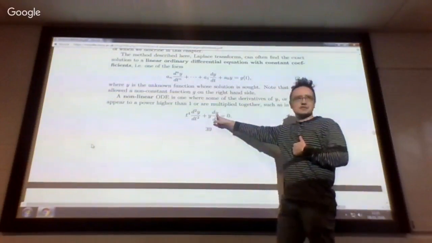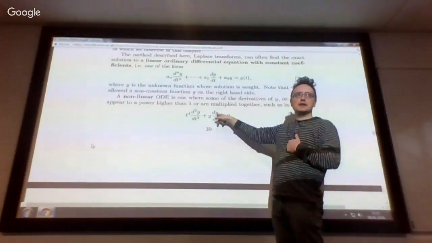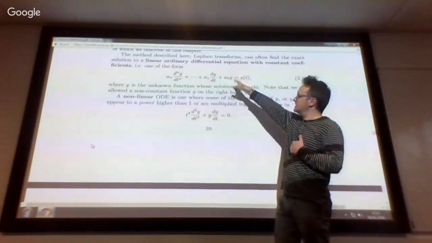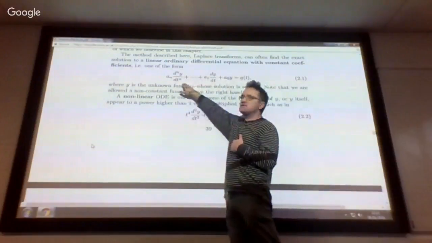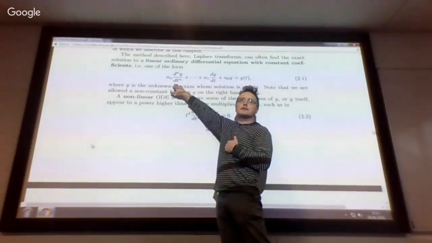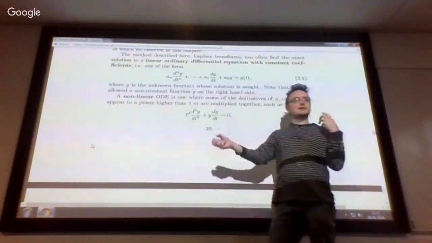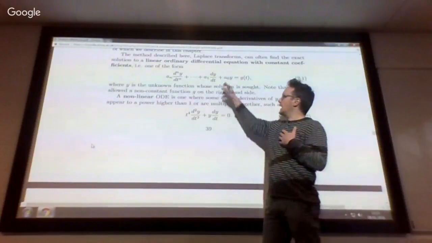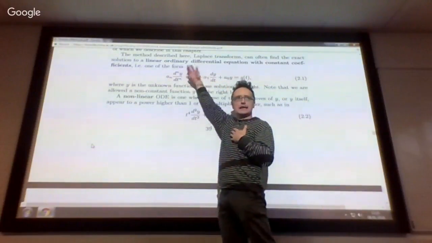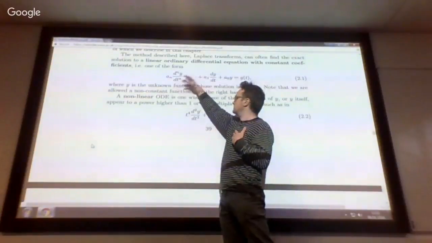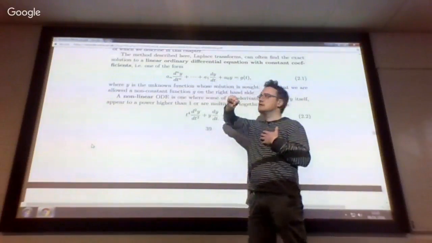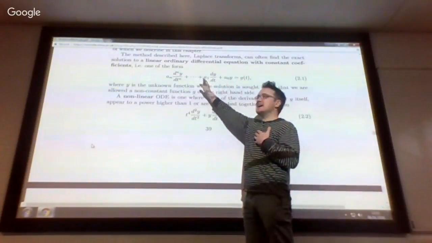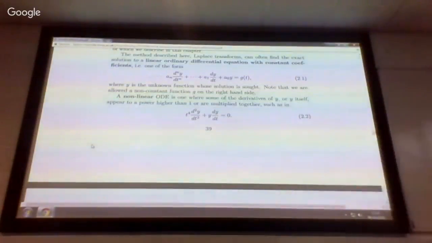This kind of behavior is what we call nonlinear. But if in the equation we see a bunch of derivatives of y, none of which are multiplied by other derivatives, and none of which are raised to any power apart from the power 1, then we term the equation a linear differential equation.